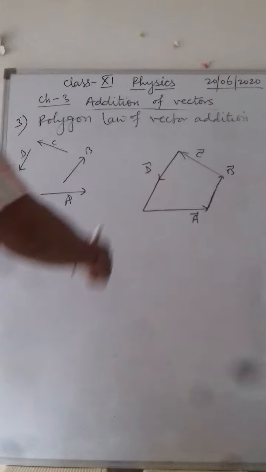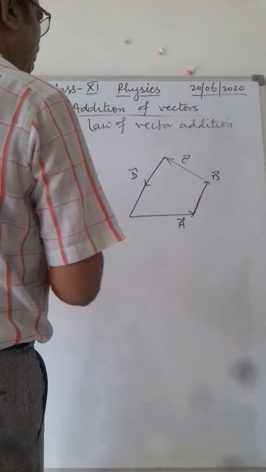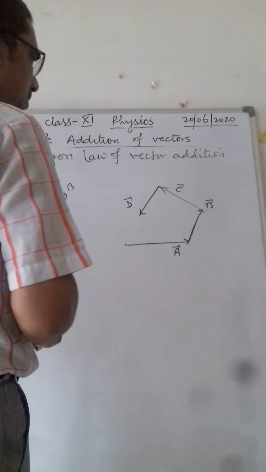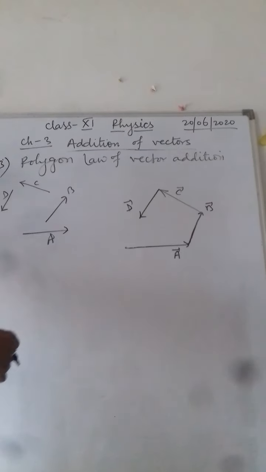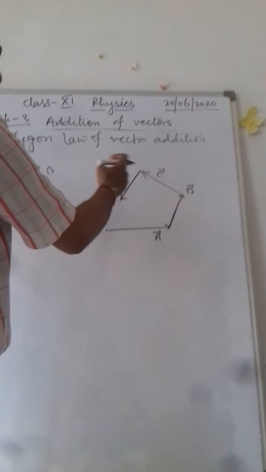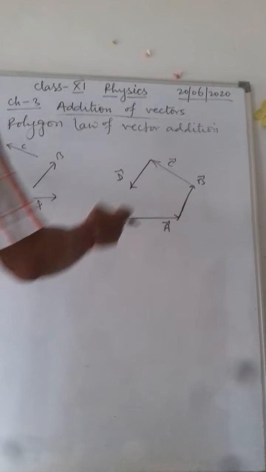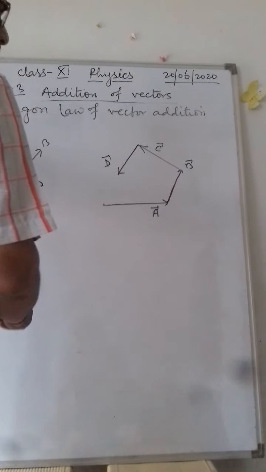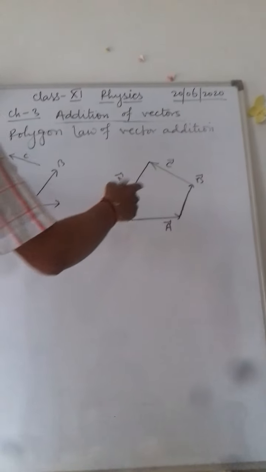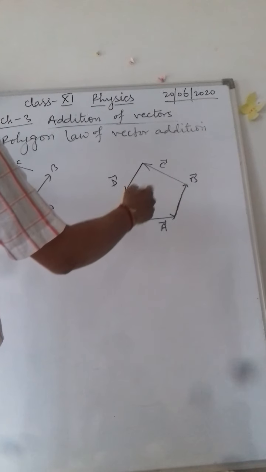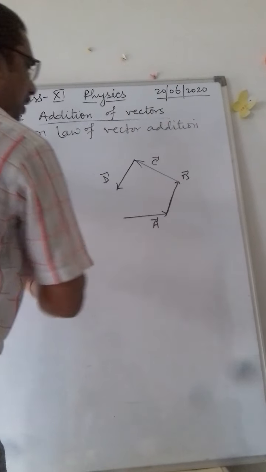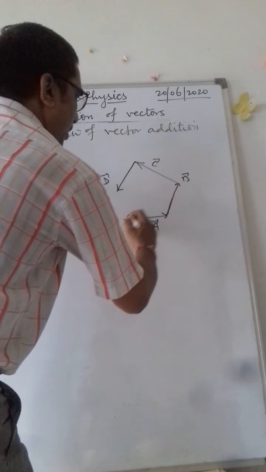Now we have to observe the four vectors A, B, C and D. How can we find the resultant of these four given vectors? According to the positions we have connected here, we first find the resultant of two vectors, A and B, from tail to head.